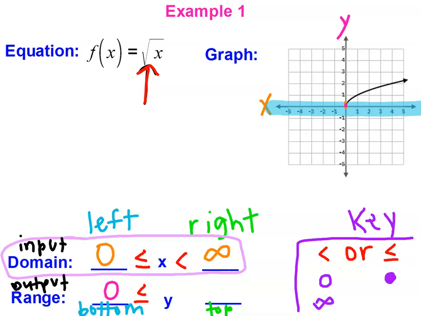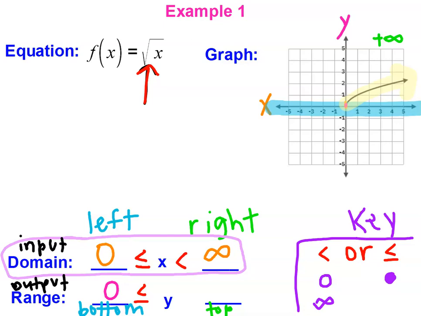So look at the graph now. I'm going to highlight like I did last time. As we go up, where do the y values go? Does it stop at a certain value or does it keep going up to positive infinity? Well, because of the arrow, we can say that this guy's going to go up to positive infinity. It's going to keep on going up forever.